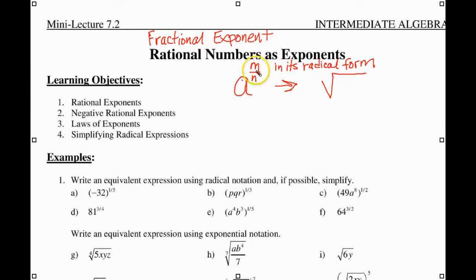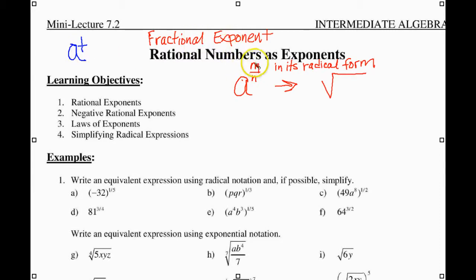Now remember, any number or any variable has an exponent of 1. But keep in mind that that 1 is 1 over 1. Again, we don't write the denominator when it's 1 usually.